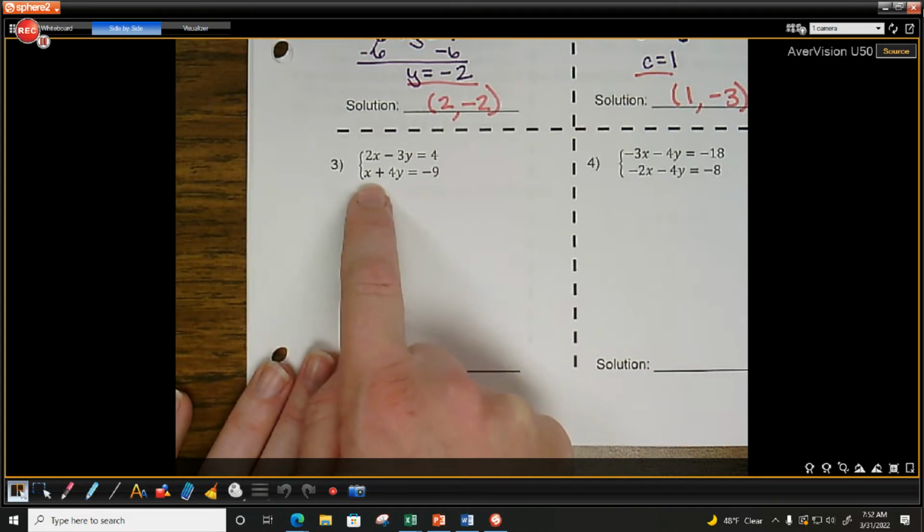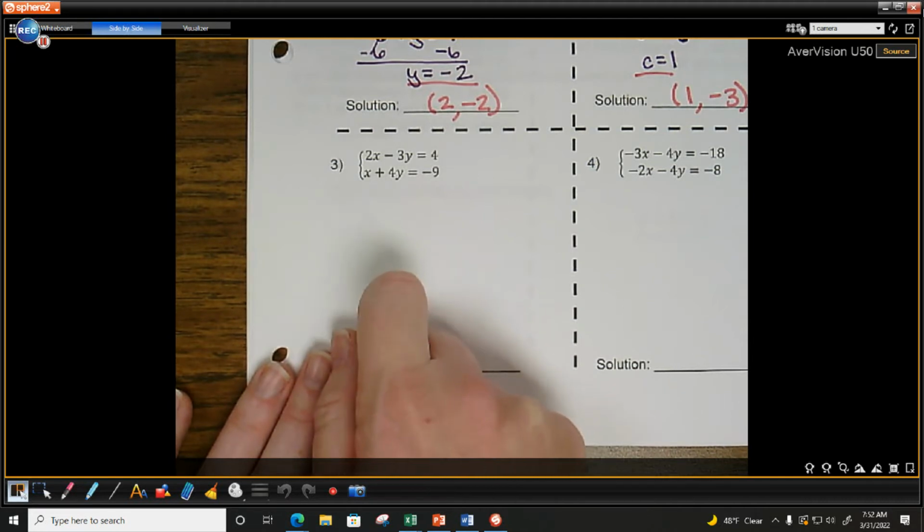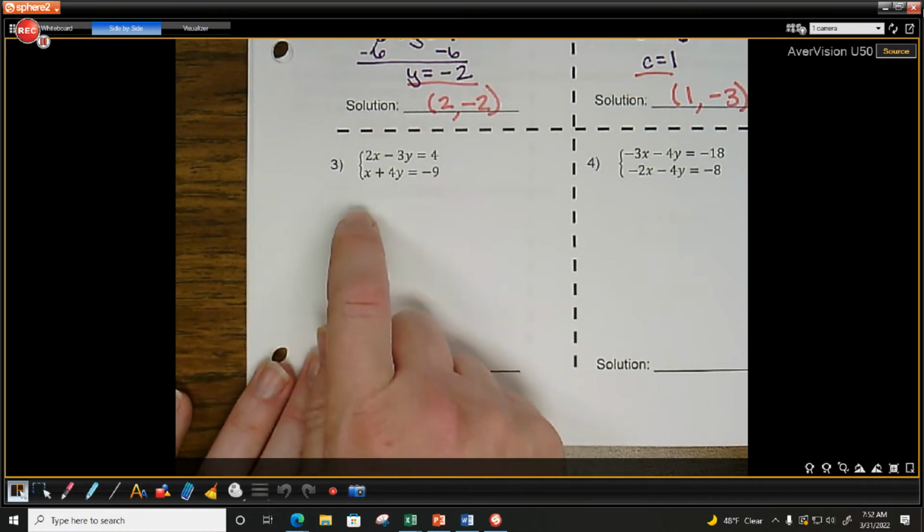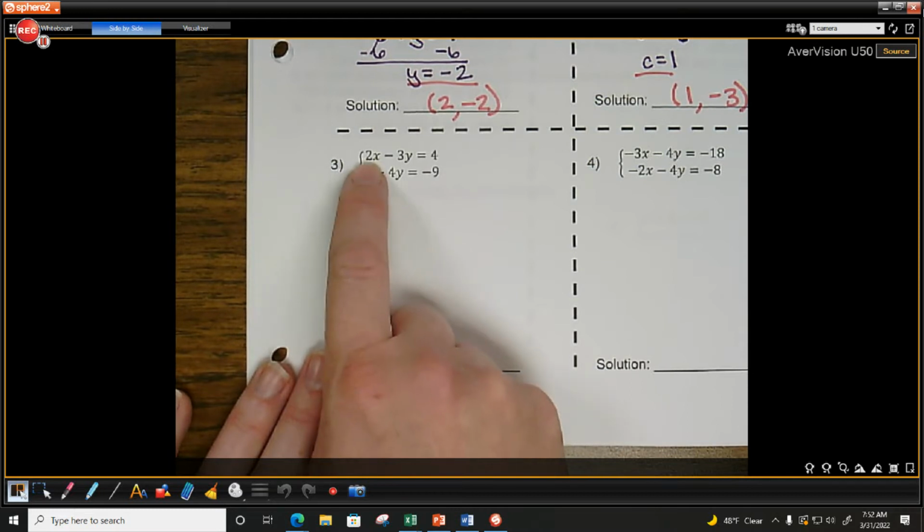So we're going to have to multiply not just by a negative, we're going to have to multiply by a number, okay? You get to choose. It doesn't matter if you get rid of the x or the y first, okay? Normally there's an easier one though. So you want to think of the least common multiple. Multiples of 2 would be 2, 4, 6, 8, 10, 12.